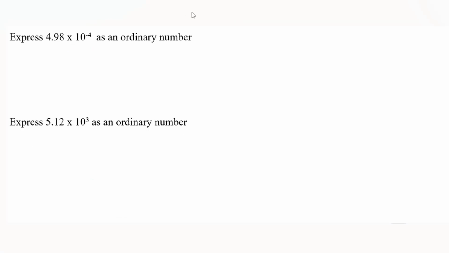Now we may also be asked to go from standard form to an ordinary number. So the way we would do this would be by simply taking this number here, and we will move this decimal based on this number here, n. So here we have minus 4.